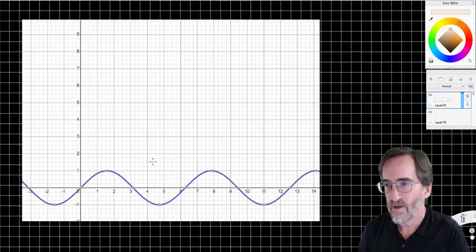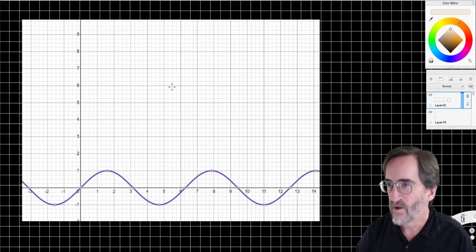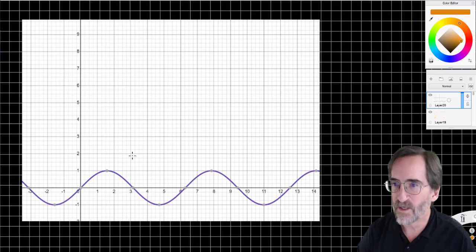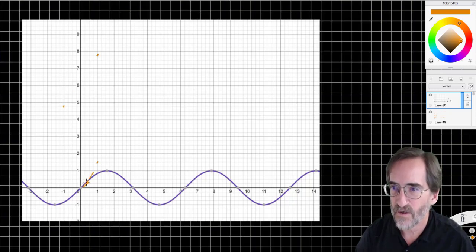It would reflect across the line y equals x and turn into something like this.